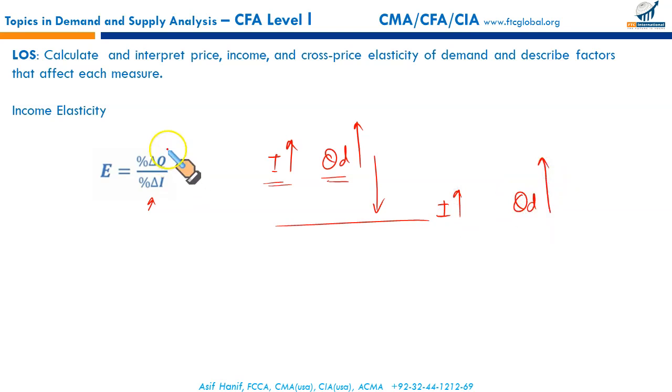But to what extent can be calculated using this formula. Right? It can also happen that if my income goes up, my quantity demanded, instead of going up, starts going down. I start buying less of it.